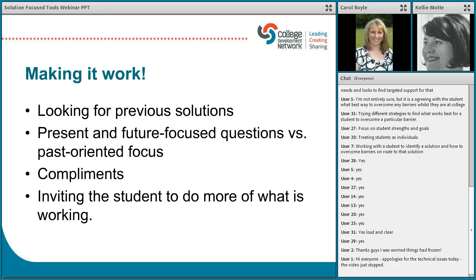And also using things like compliments, validating what individuals are already doing well, and acknowledging how difficult the problems are, encourages the person to change whilst giving the message that you are listening and that you do care.